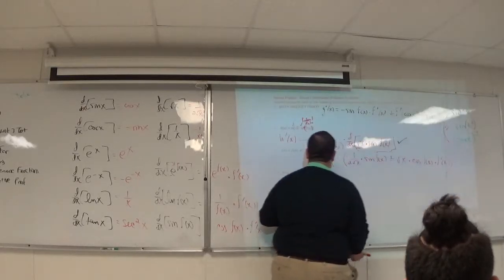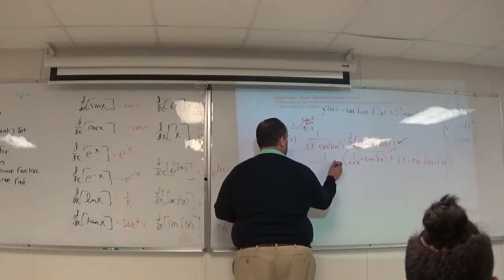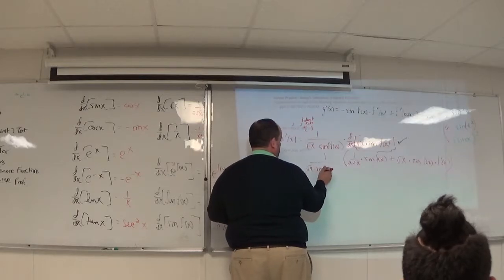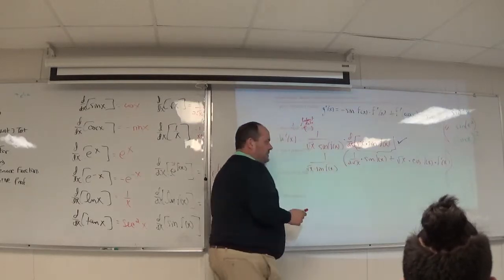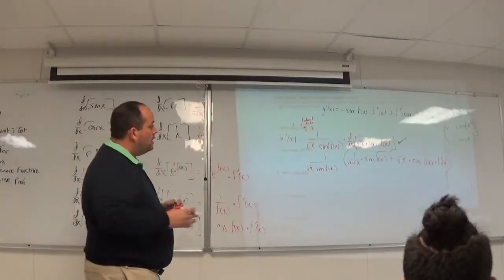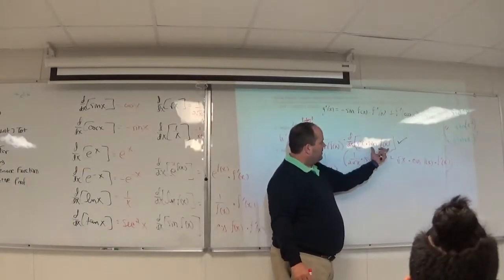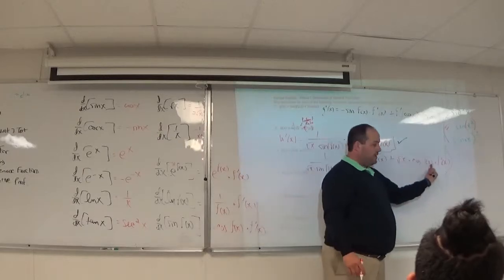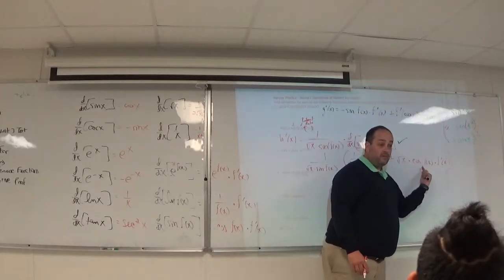All that is multiplied by 1 over square root of x sine of f of x. We did use the chain rule for finding the derivative of sine of f of x. It's cosine of f of x times the derivative of what's on the inside.